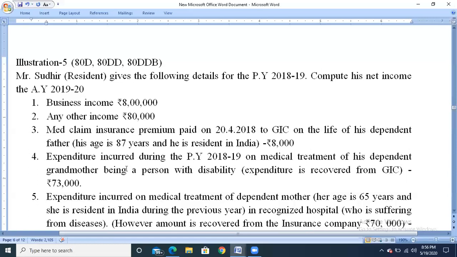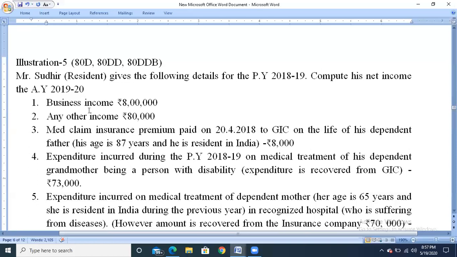Next, expenditure incurred during the previous year 2018-19 on medical treatment of his dependent grandmother, being a person with disability. Expenditure is recovered from the general insurance company, rupees 73,000. Any expenditure incurred by the assessee for the treatment of a dependent disabled person can be claimed as deduction under section 80DD.